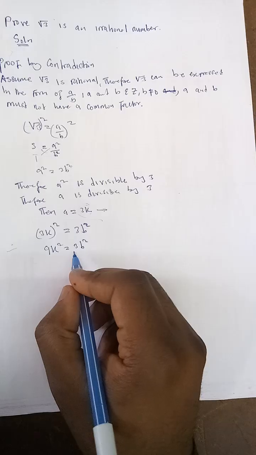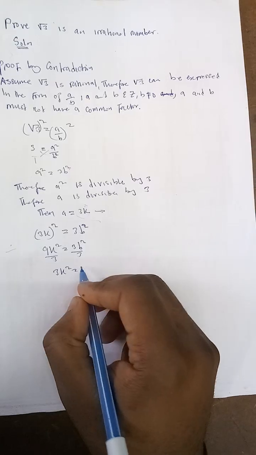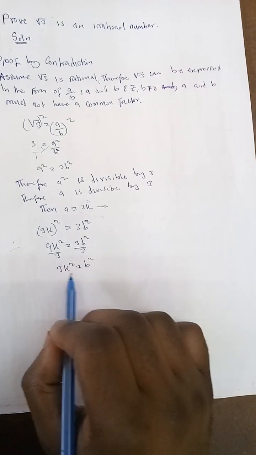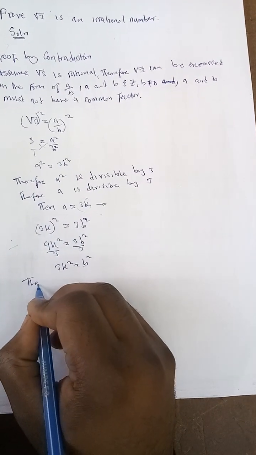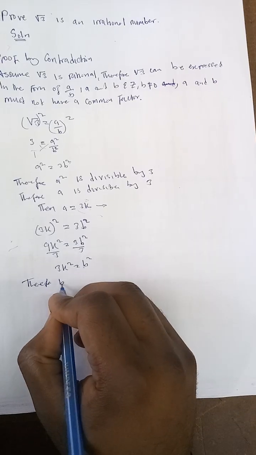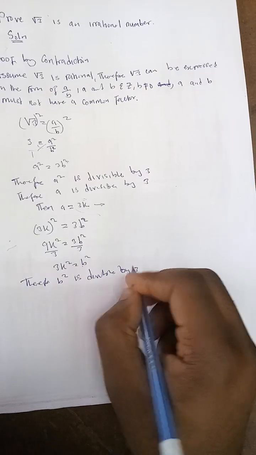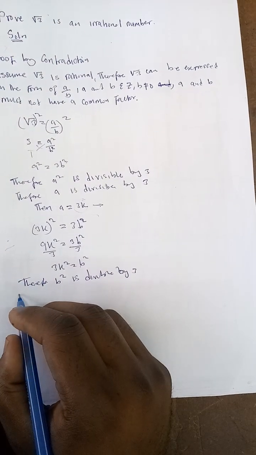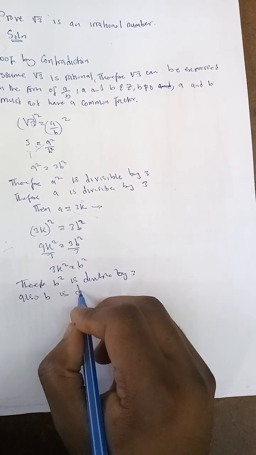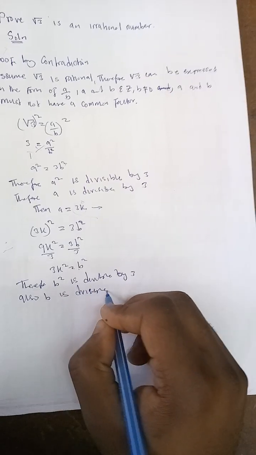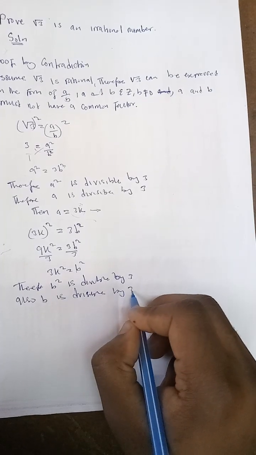Now if we divide, we obtain b squared equal to 3k squared. Now look, we have something more like what we had here. Then we write the same thing. Therefore, b squared is divisible by 3. This tells us that b itself is also divisible by 3.